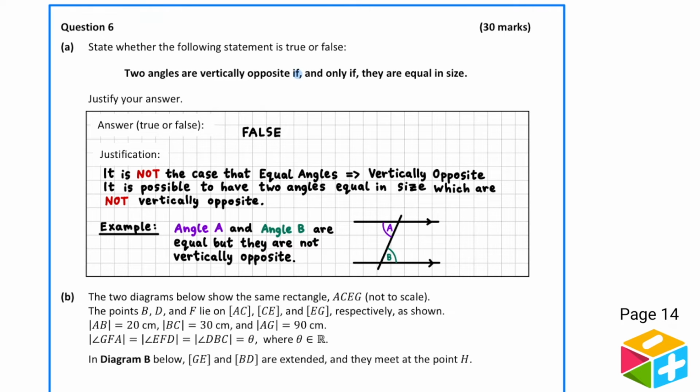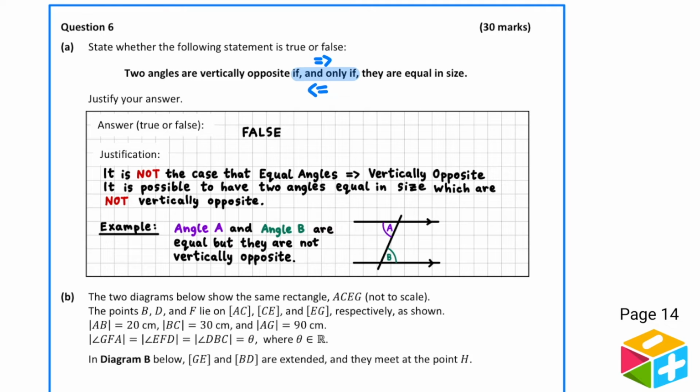The phrase if and only if means that the implications must go in both directions. For this statement to be true, it would have to be the case that 2 angles being vertically opposite implies that they are equal in size, but also if 2 angles are equal in size, it implies that they're vertically opposite.